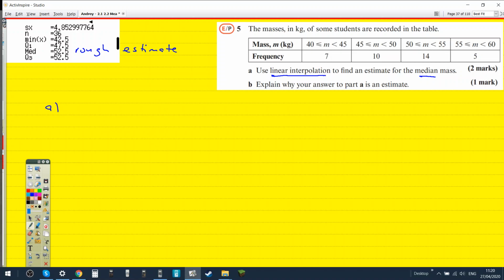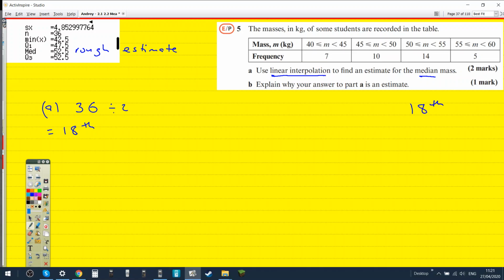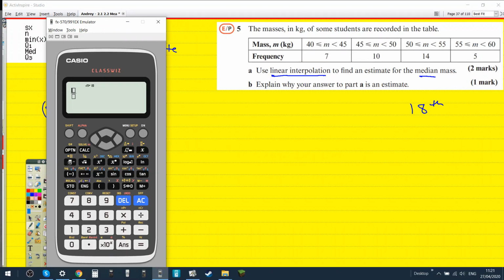So if it's in the 18th position, that's the first one after the 50 to 55 group. Yep. So it's in that group. And so I would start with x.